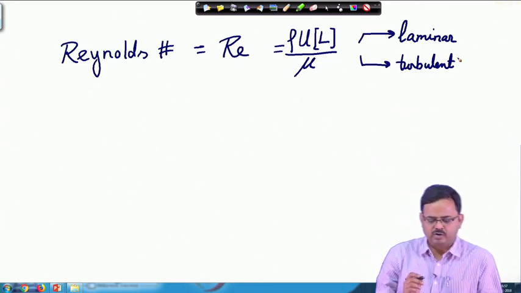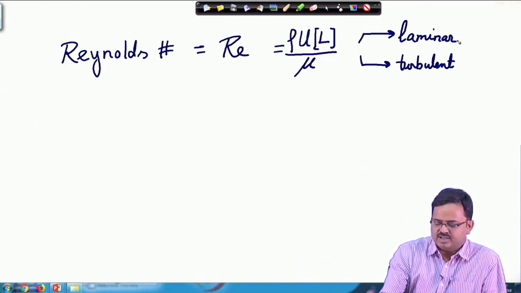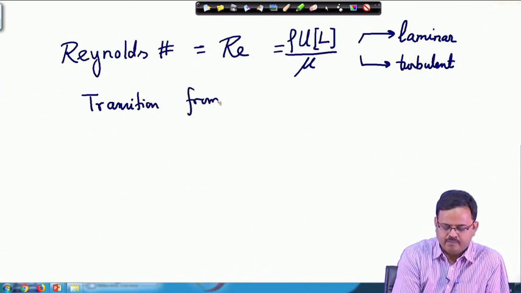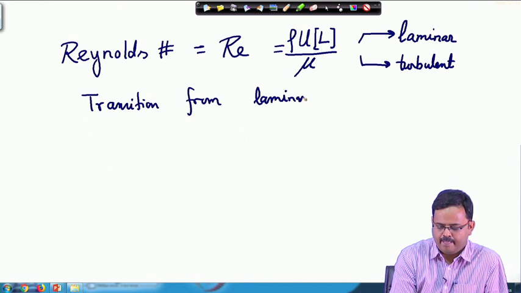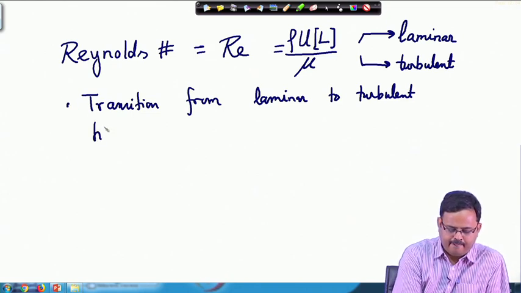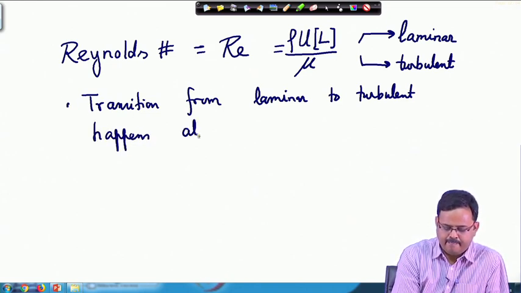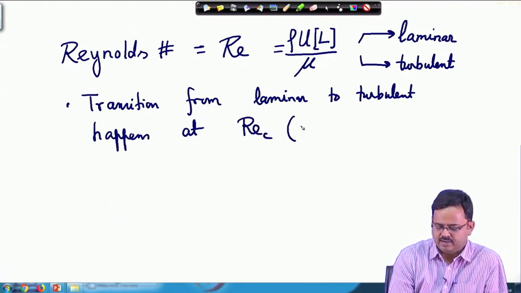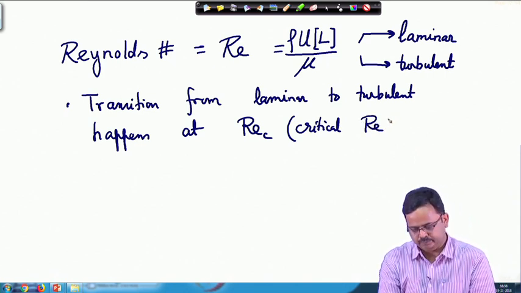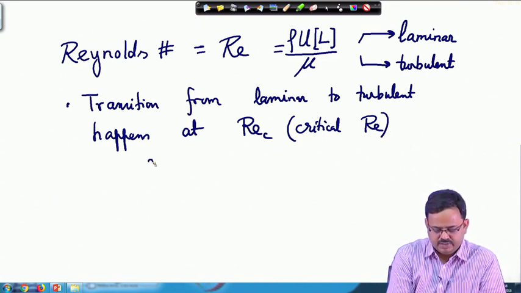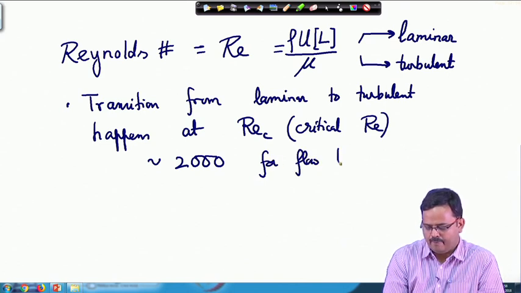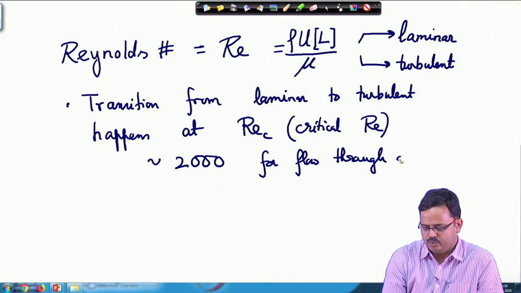All right. I would also want to say that this transition from laminar to turbulent happens at the critical Reynolds number, Re_c. Okay, which is typically around 2000 for flow through a pipe.